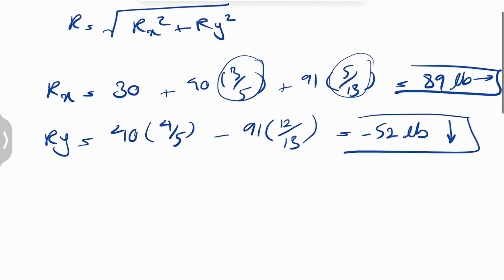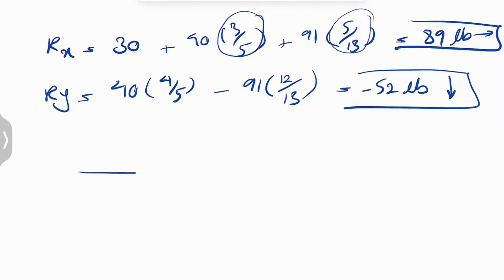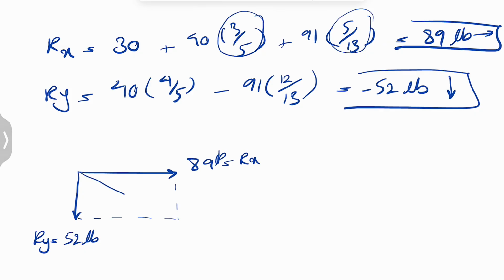So looking at that resultant, we have the x of 89 pounds, and this is the Rx, and our Ry we figured is negative 52 pounds. We don't need to show the signs in here because we're dealing with the magnitude, and this is going to be our R. And as we talked about, we are looking for the angle clockwise from the positive x-axis, so we have to go this way.